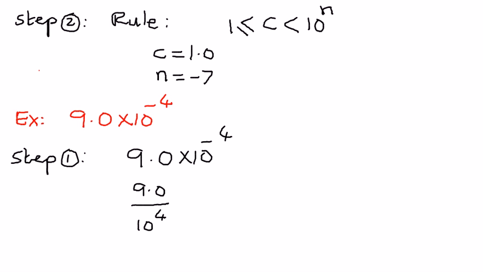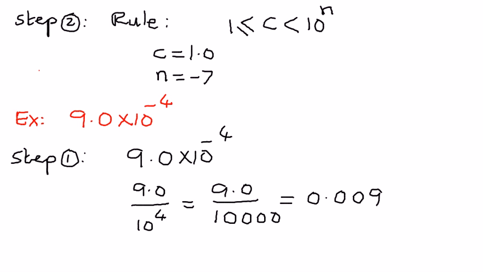So 10 to the power of 4. We can write this as 9.0 divided by 1 followed by 4 zeros. 1, 2, 3, 4 zeros. Therefore, when we divide 9 by 10,000, it is going to be 0.0009.